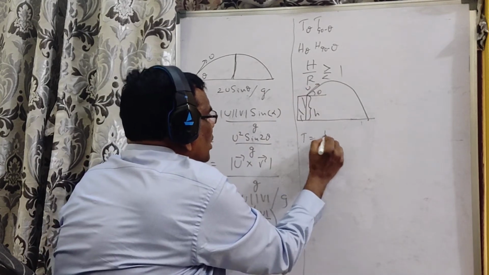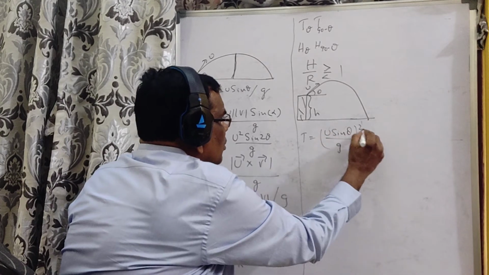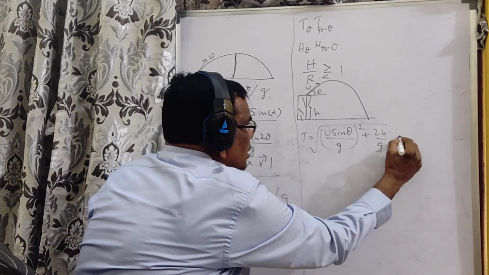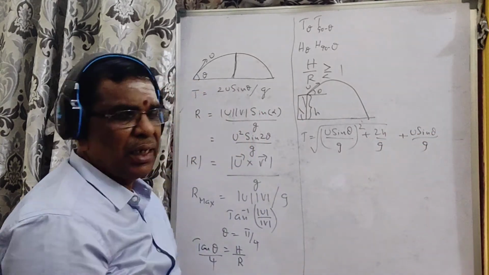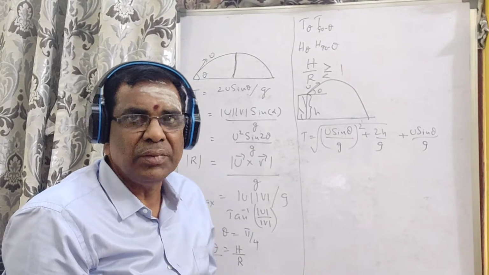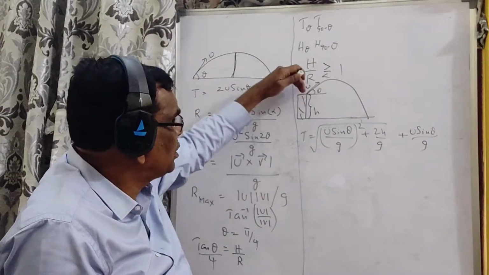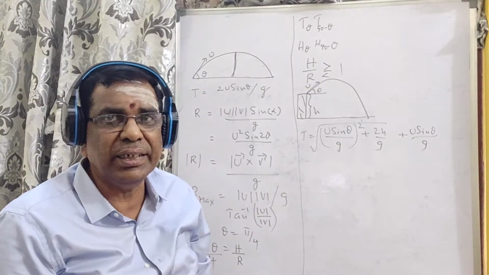What is time of flight? (U sin theta by g) whole square plus 2h by g, plus U sin theta by g. This is what we have written. Now if it is a projection like this, we would write minus here.